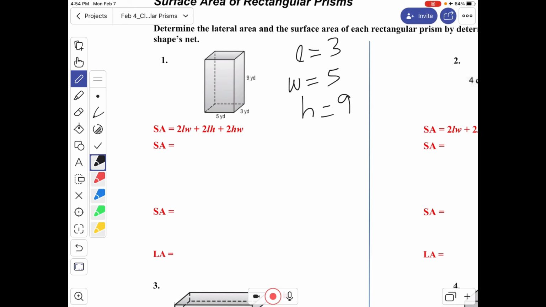So if I plug all of those into the formula, 2 times 3 times 5 plus 2 times 3 times 9. See, look, I've used 3 twice. What are the only numbers I haven't multiplied together yet? The 5 and the 9, so 2 times 5 times 9. And then I can work it out and get the surface area.